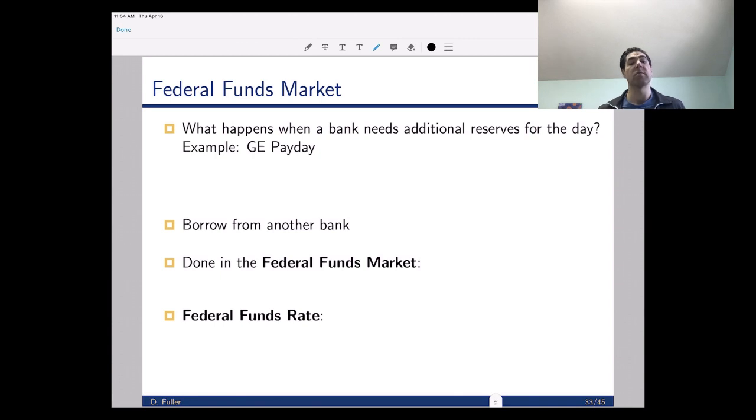So let's just take a simple example that kind of illustrates this, right? So here's General Electric, which is a relatively big company, and they have 300,000 employees. Okay, so then, like most companies, once a month or once a week, twice a week or twice a month, they have payday.